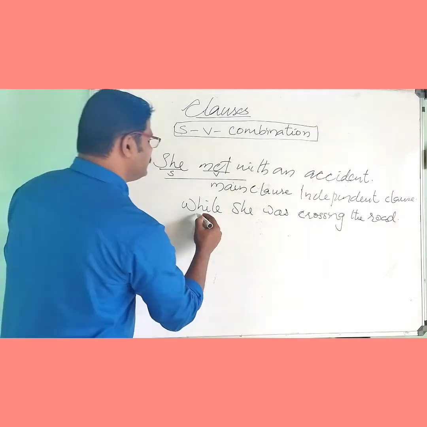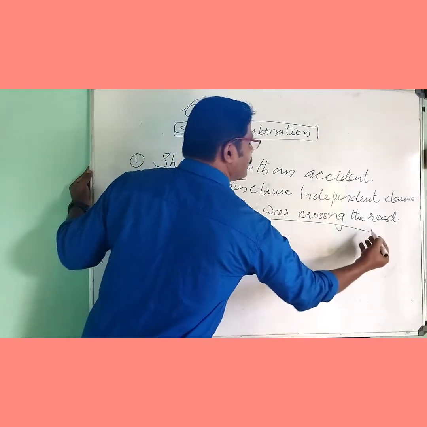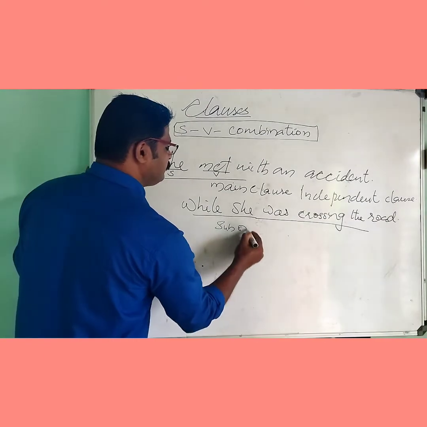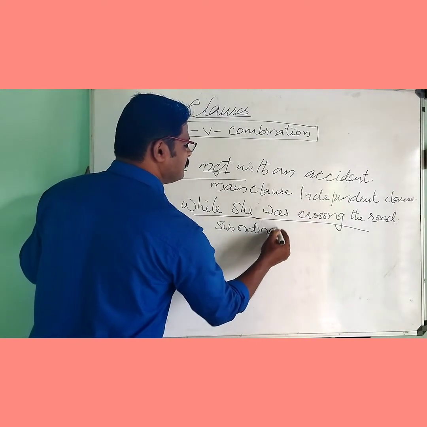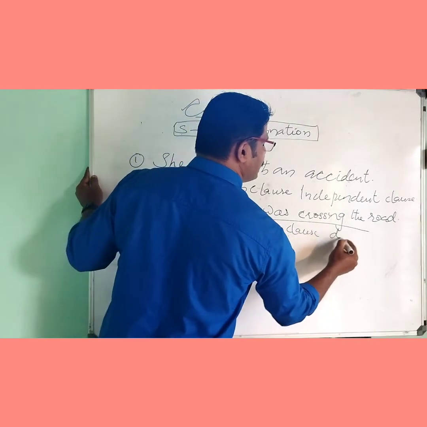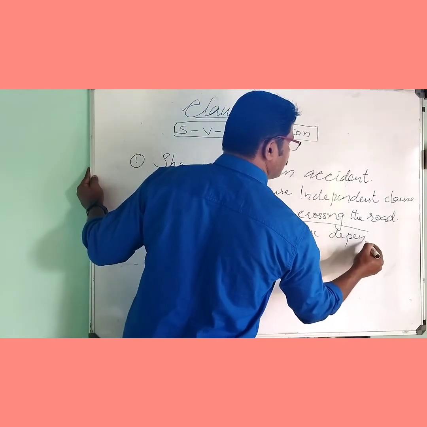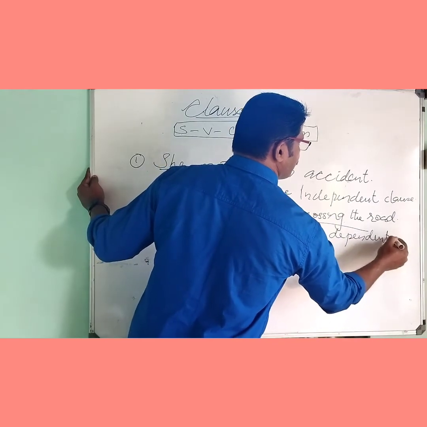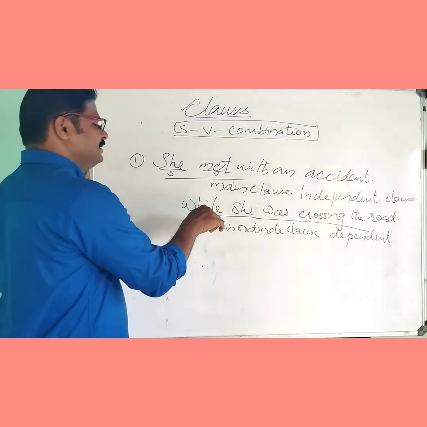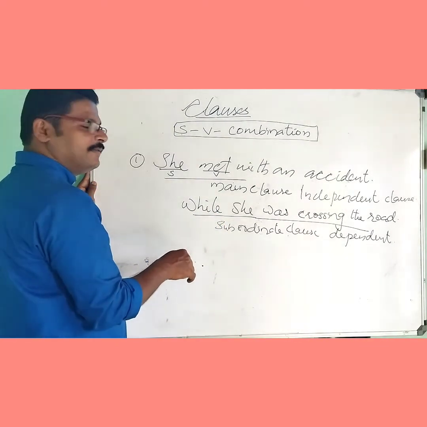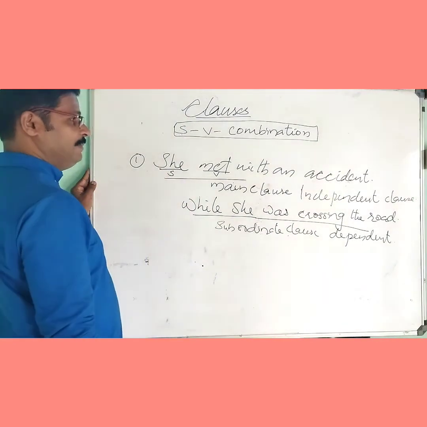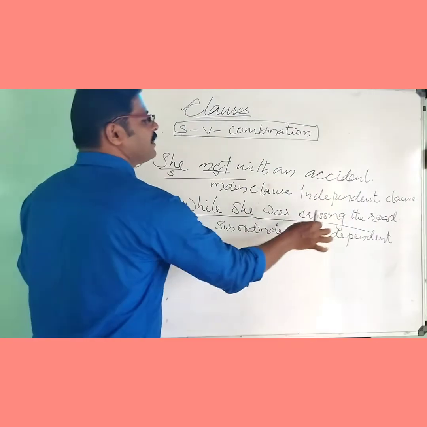So this clause is called a subordinate clause or dependent clause. While she was crossing the road doesn't make any sense all by itself, so it depends on the main clause, she met with an accident, to make complete sense.